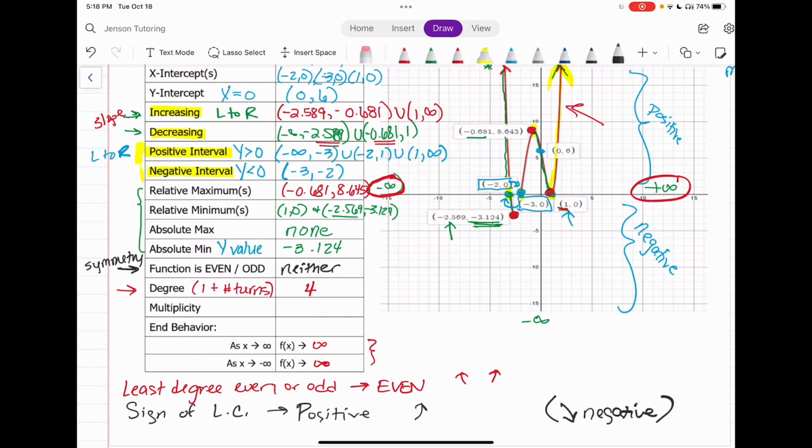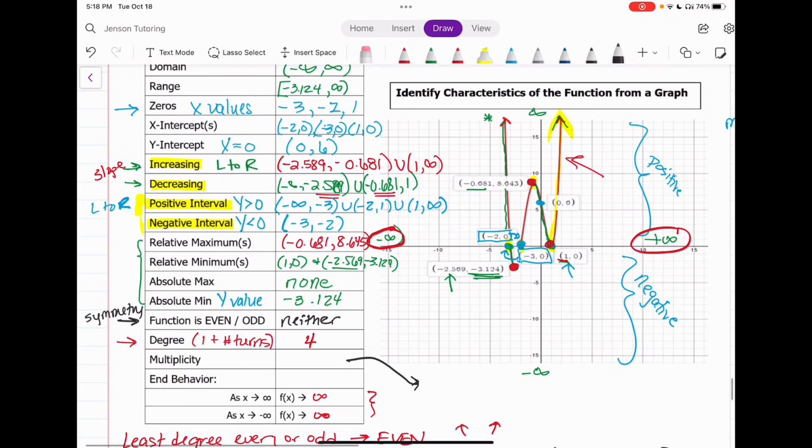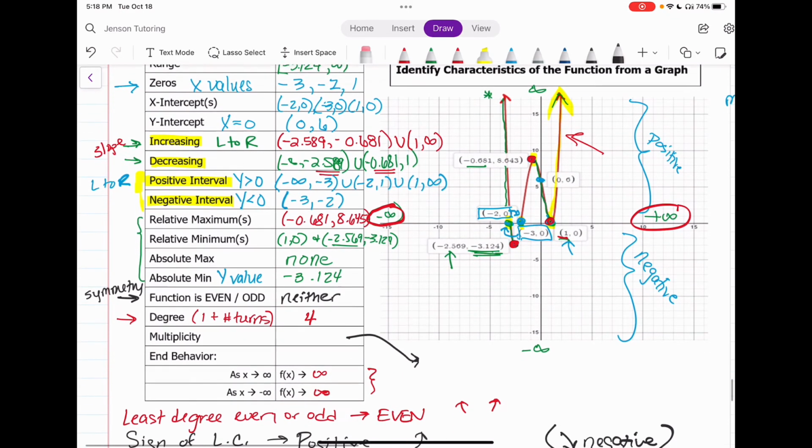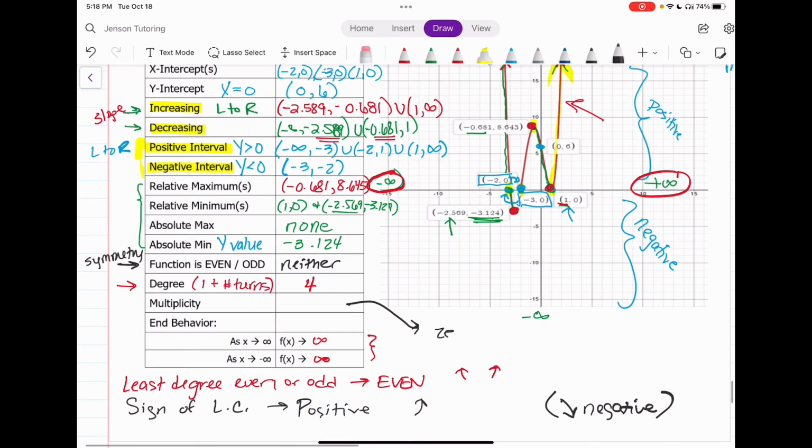Okay, and then the last thing we need to talk about is multiplicity. So multiplicity really refers to our zeros from back up here: -3, -2, and 1. So we have our zeros, and then the multiplicity for each of those.